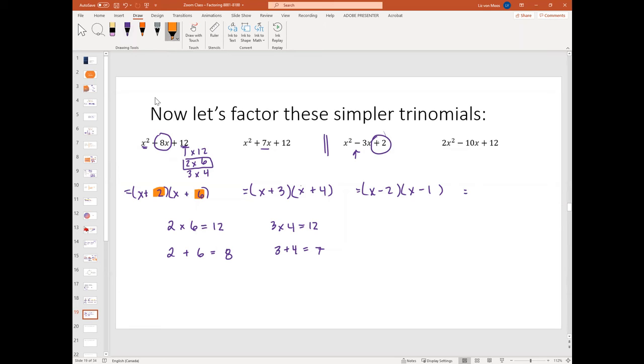This is kind of the first one where we've got a coefficient other than 1 in front of the x squared, but we do have a common factor.